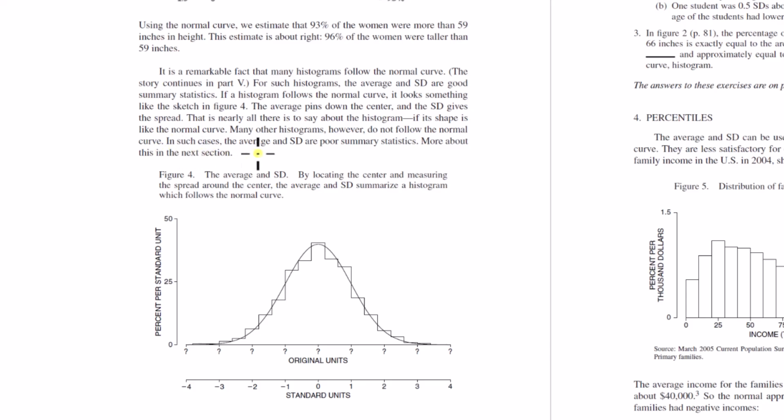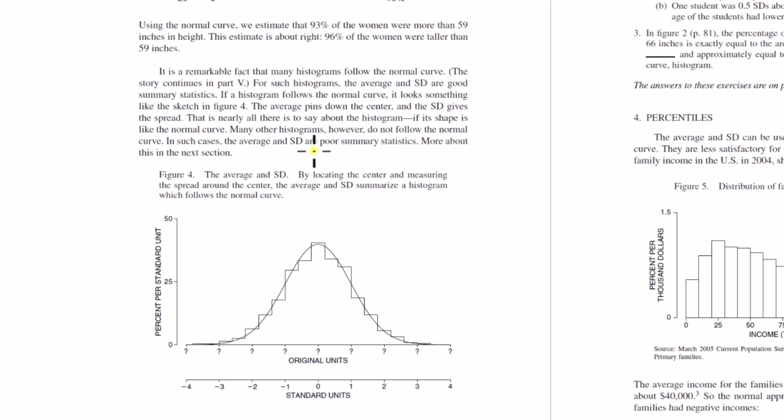In such cases, the average and the standard deviation are poor summary statistics. Interesting, right? If you have a list of data points that doesn't follow a normal distribution, then you can still calculate the average and the standard deviation. You can do that with any list of numbers, but those aren't the best descriptive statistics to use, or they're actually poor for that type of data.